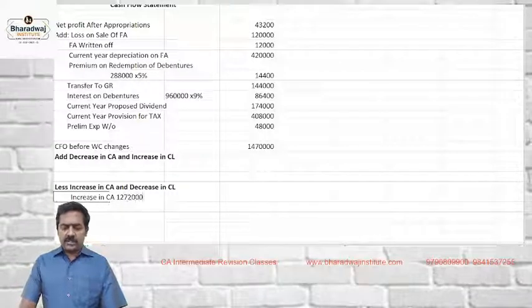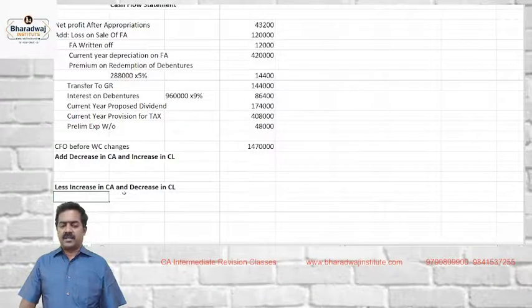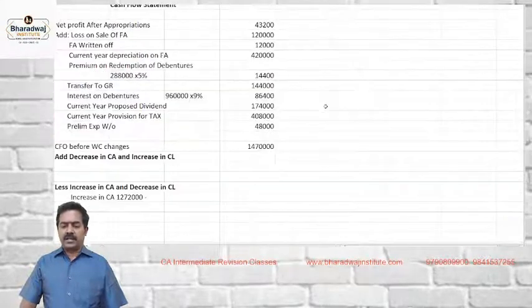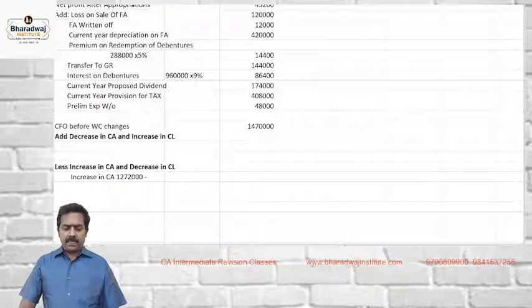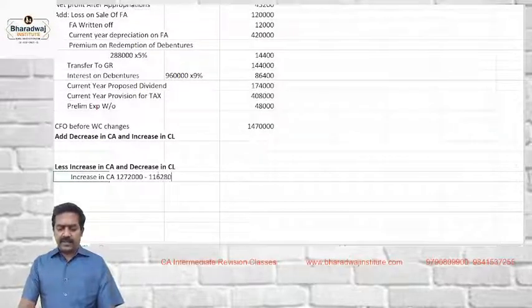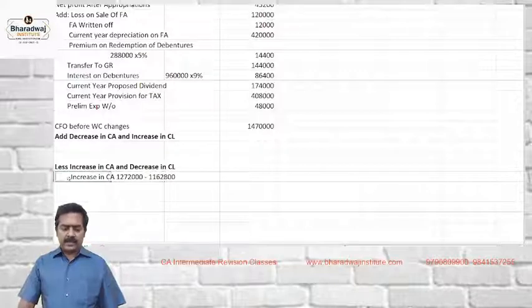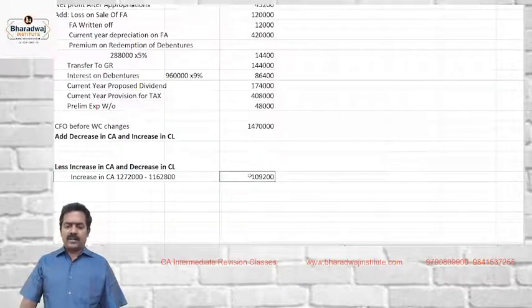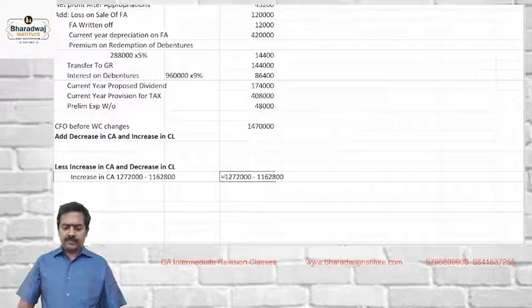12,72,000 should be checked with the adjusted balance after adjustment of stock. What is the adjustment of stock? This 11,62,800 you have to see. 12,72,000 minus 11,62,800. What is the balance? 1,09,200 should be a minus amount.